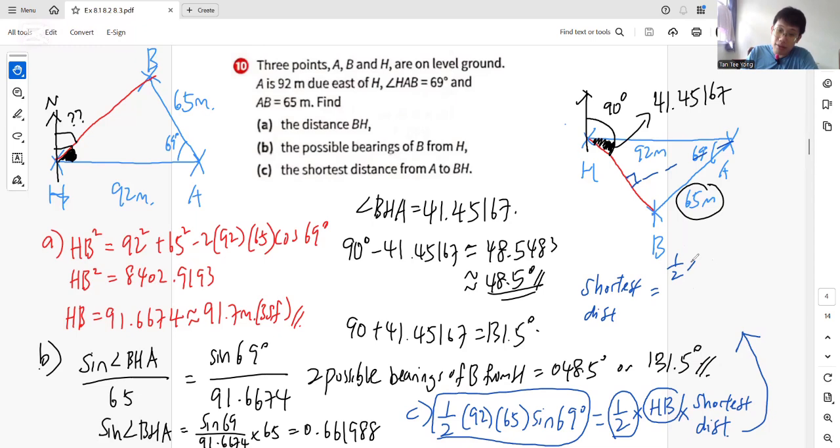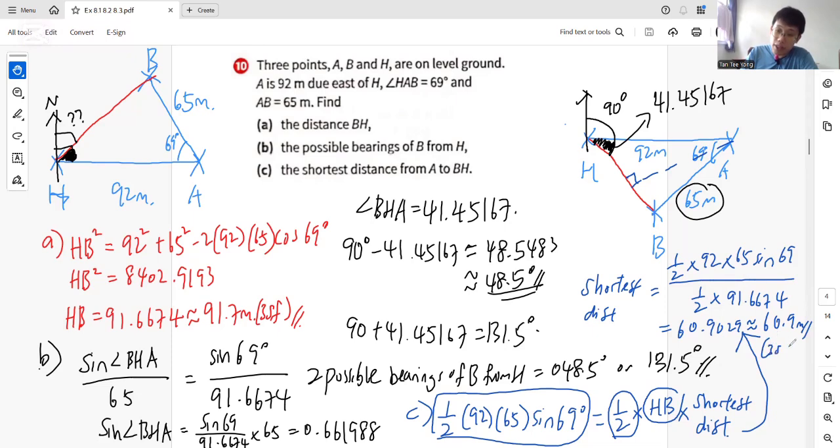You shouldn't write it in this way, I will calculate it, it's just that I lack space over here. Divide by half times 91.6674, which gives me 60.9029, rounded off to 3 SF, so 60.9 meters.